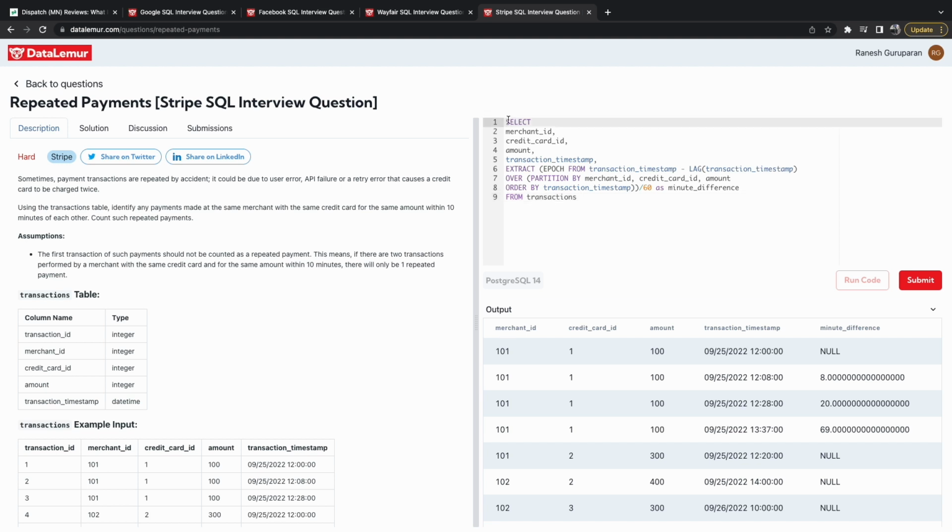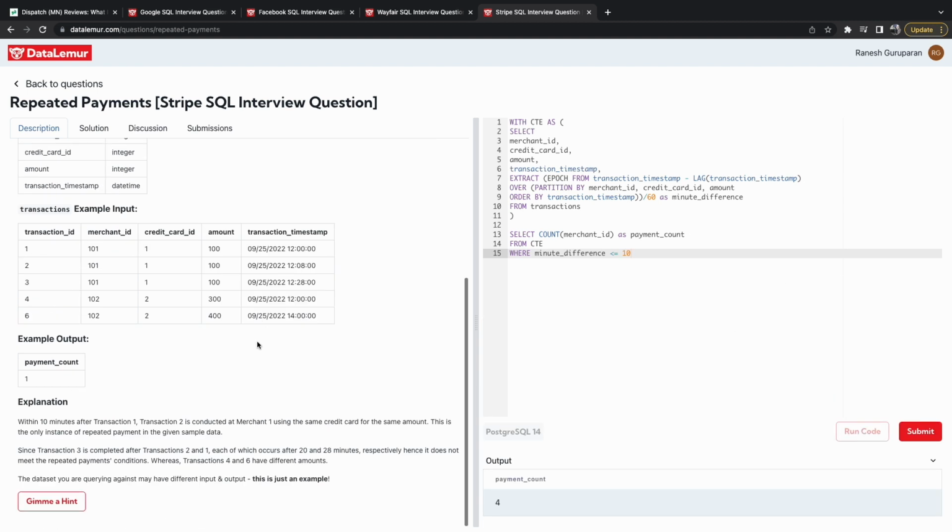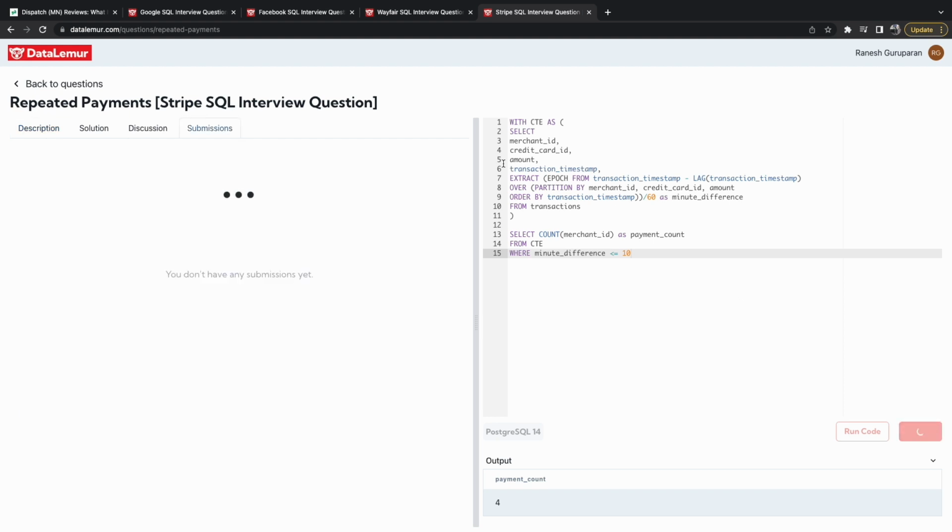So let's do WITH CTE AS, and then let's select count of merchant ID to look at how many of these transactions happened, payment count. And let's do FROM CTE WHERE minute difference is 10 minutes or below. So there's 4. Well, let's see if that's accurate.